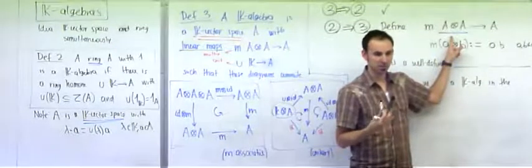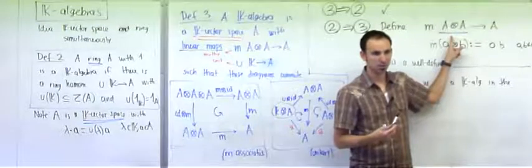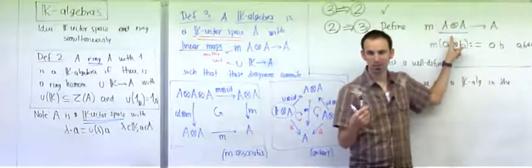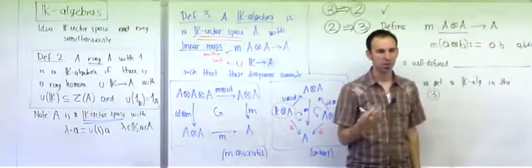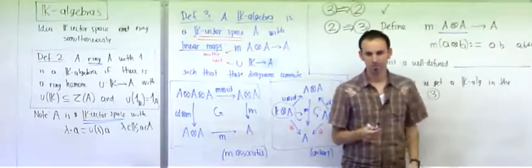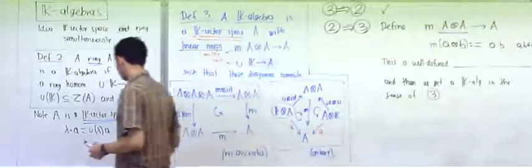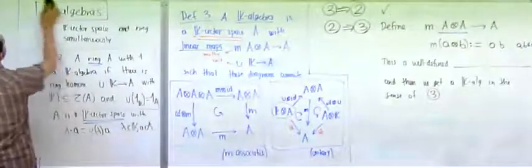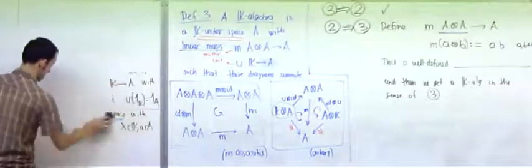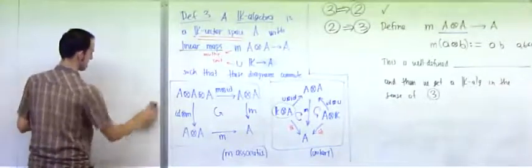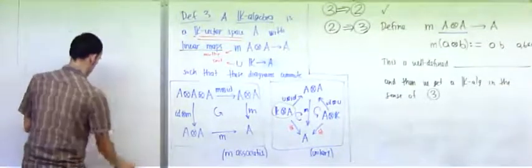Tensor products we define as quotients. Yeah? And whenever you have a homomorphism defined on a quotient, you have to check that this is well defined. So let's say a little bit more about that.